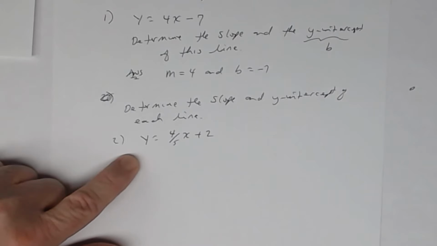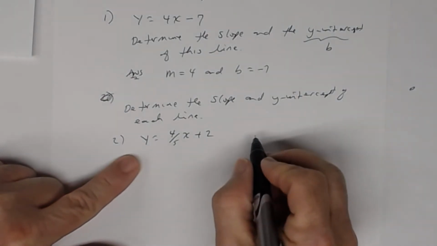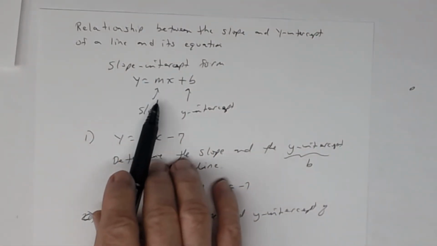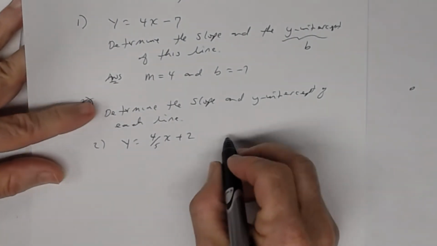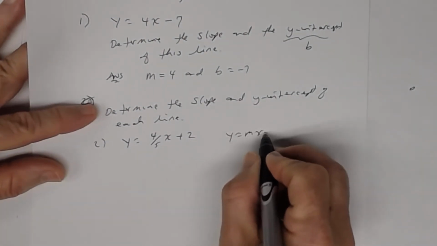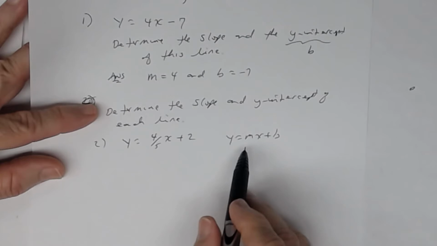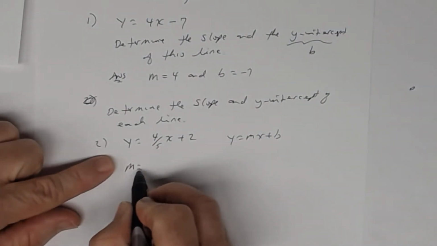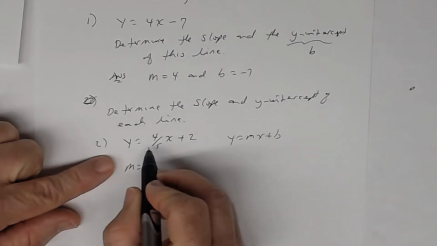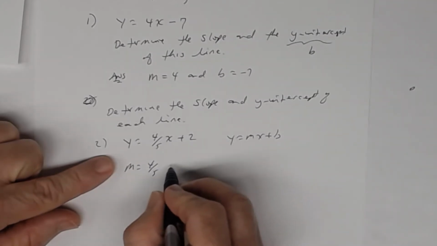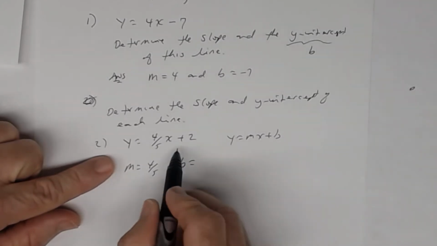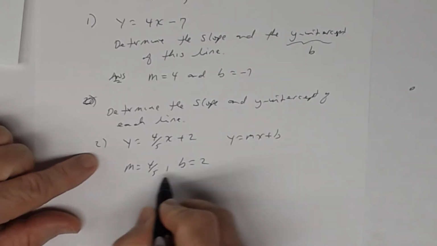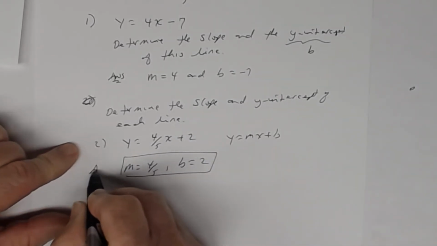So y is by itself, right? So it's already in that slope-intercept form. So y equals mx plus b. That's slope-intercept form. So your slope is the coefficient of x. So the coefficient of x is 4/5, and your y-intercept is positive 2. So that's the answer.